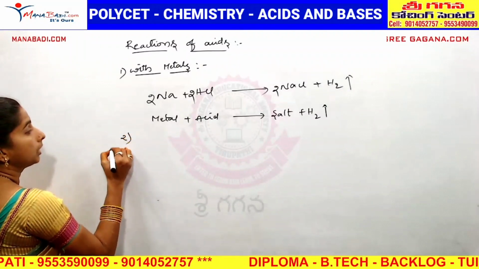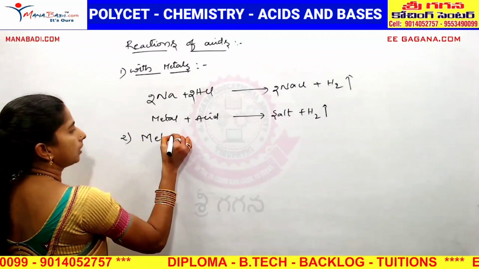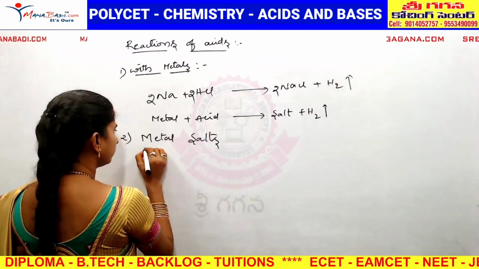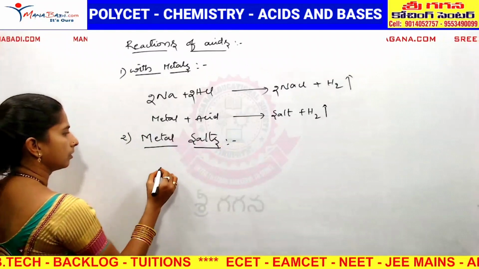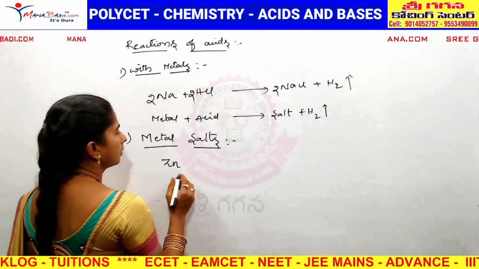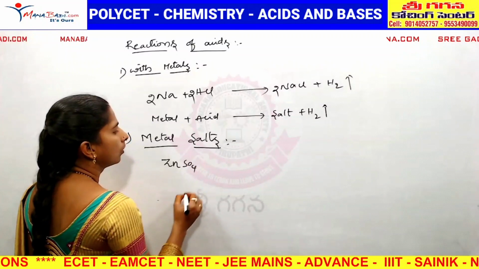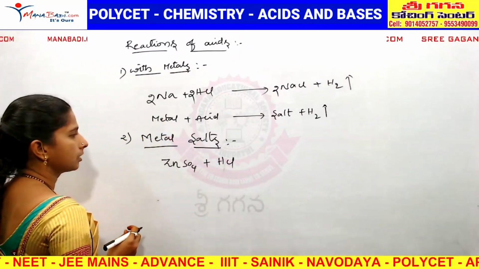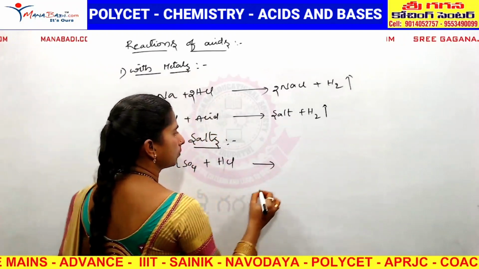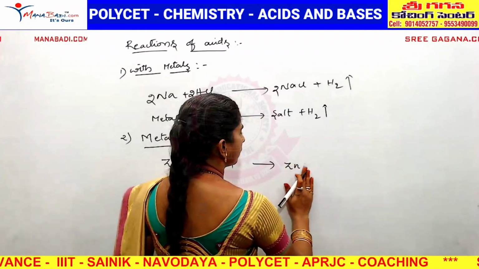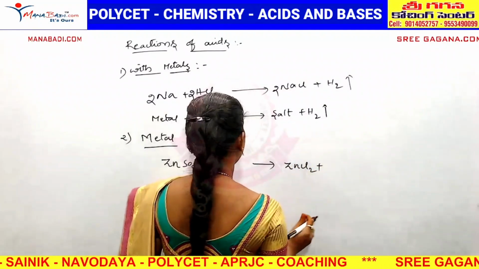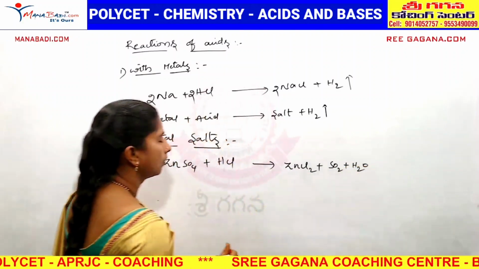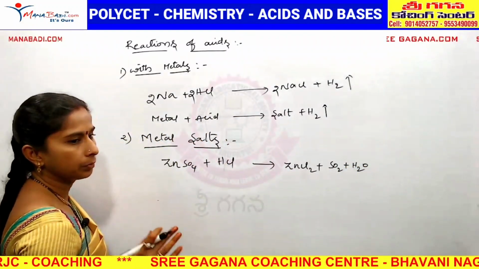After that, with metal salts. For example, ZnSO4 when it reacts with HCl, it is able to form ZnCl2 plus H2SO4.